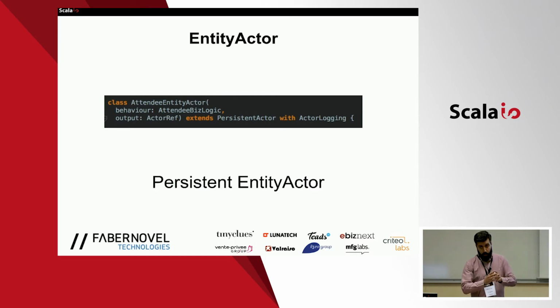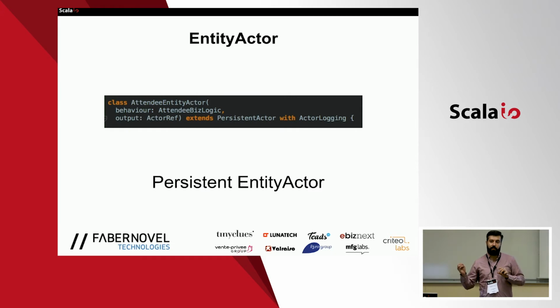Since we can kill and remove that actor from memory, we need to be able to reinstantiate the same actor and have the same state it had before it was passivated. To do that, we are going to use Cassandra. But at the same time, we need to decouple, or have a specific function that is going to apply that change to the state.